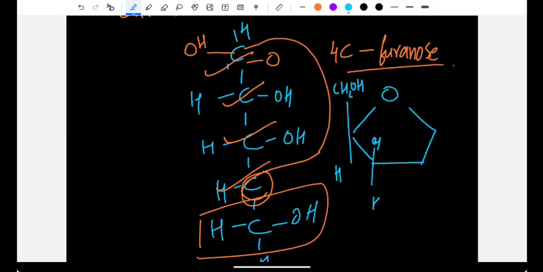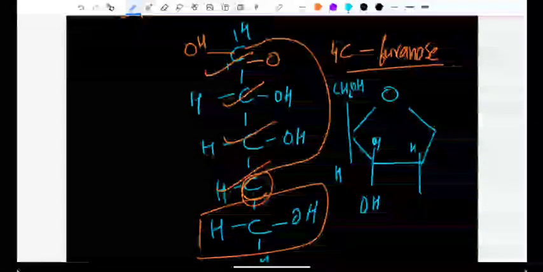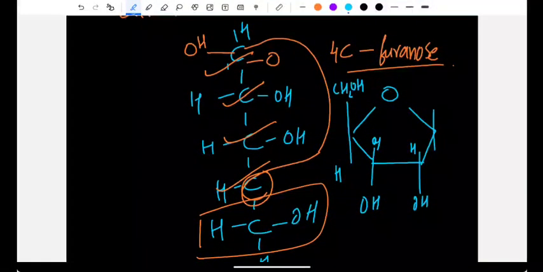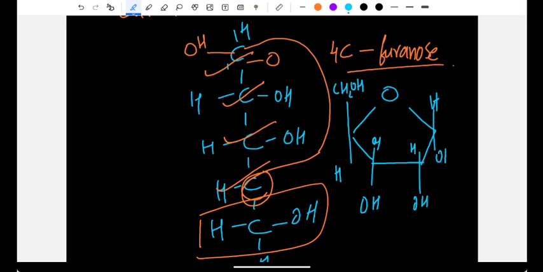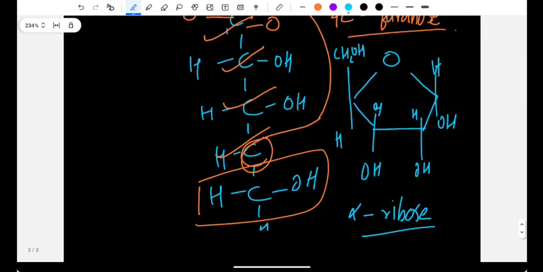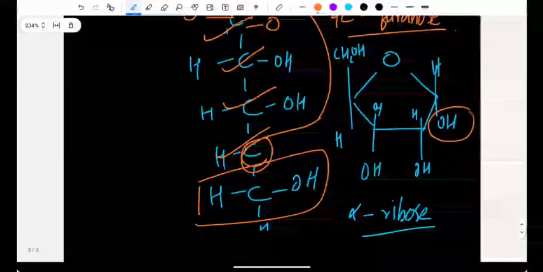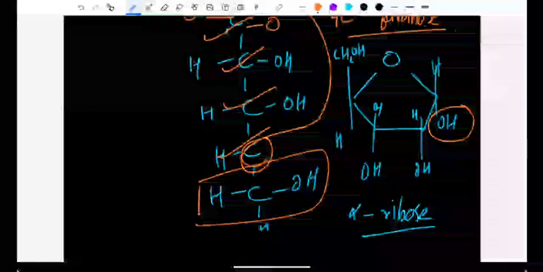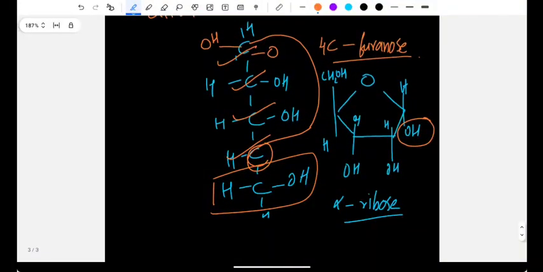H, OH, H, OH, H, OH, all on the right side. Is this an alpha ribose? Yes, it is an alpha ribose because OH is present on the lower side. So that is the structure of monosaccharide.